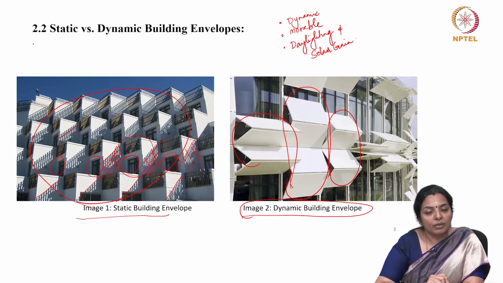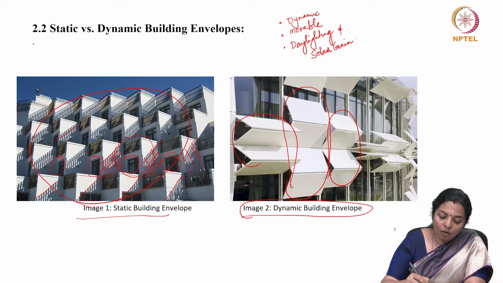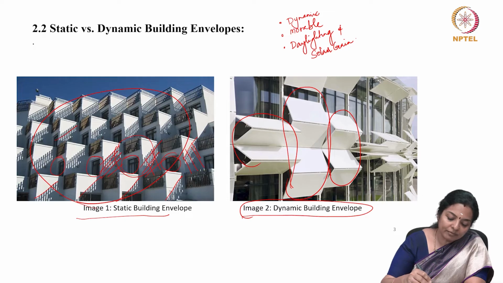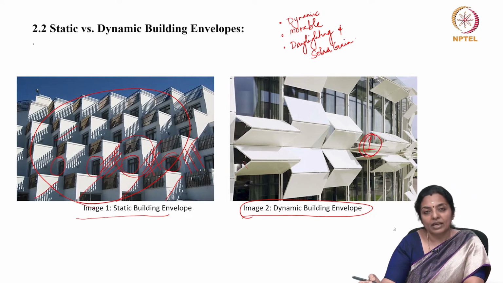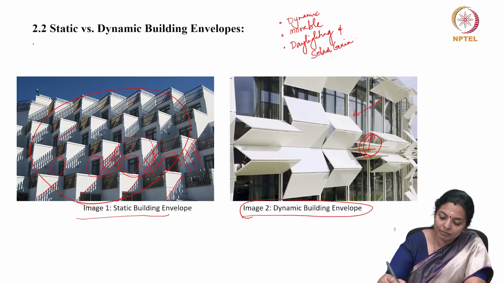Suppose it's a winter month and you want solar radiation to enter inside, all the windows could become as in this shape. Number 1, giving maximum exposure to the wall and allowing maximum solar radiation to come in.